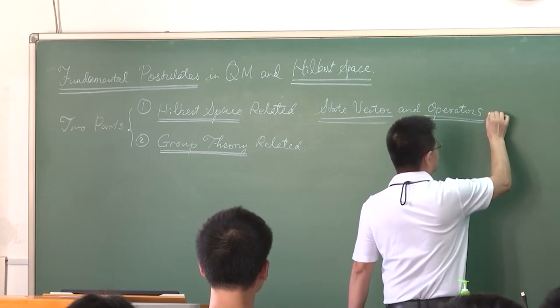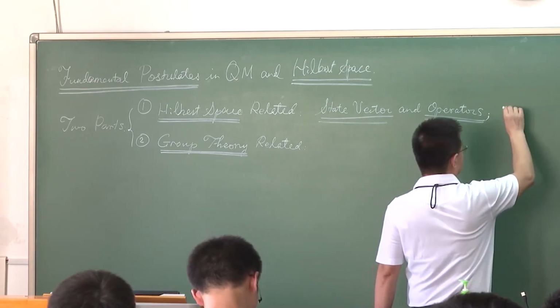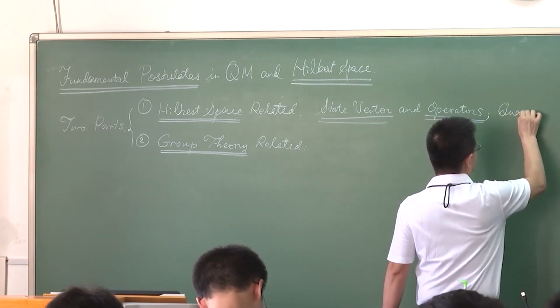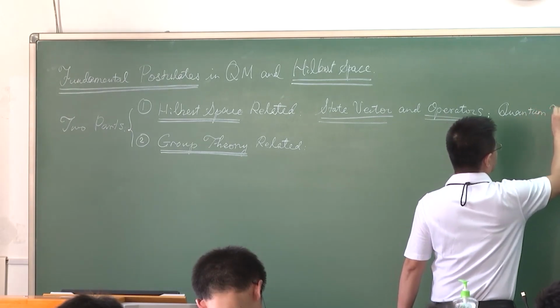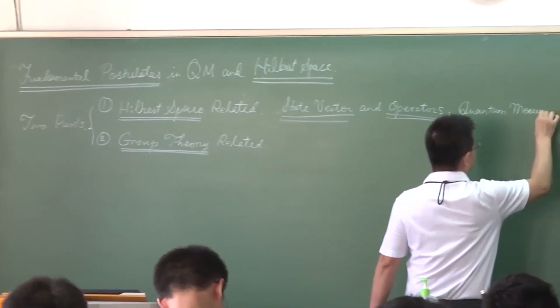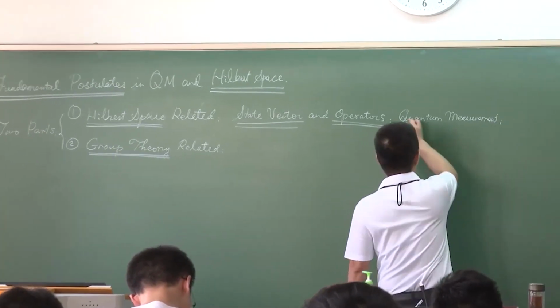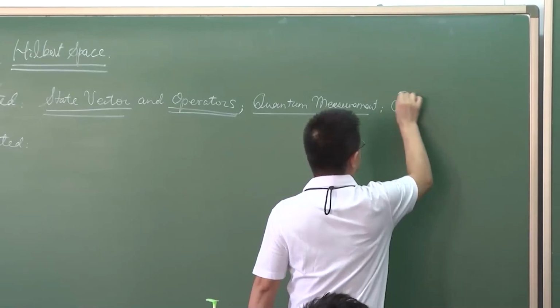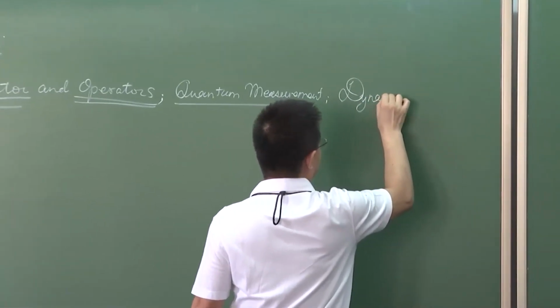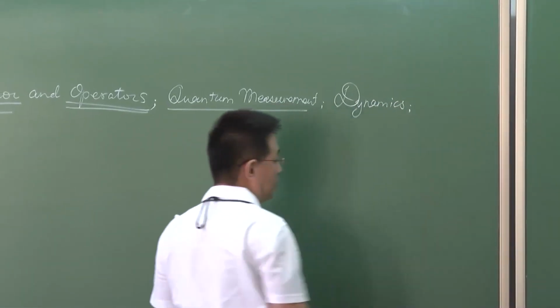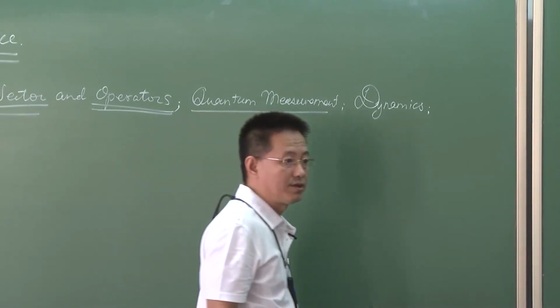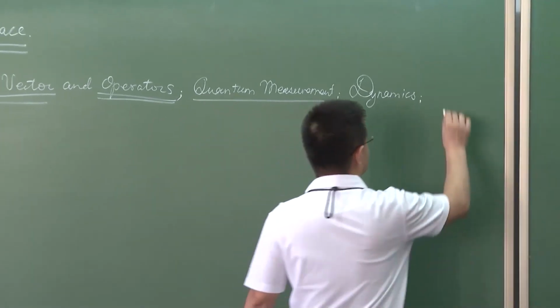And based on this, we have the concept of quantum measurement. And also, based on this, we have the dynamics, and have some very special contents of quantum mechanics, that is the identical particle.